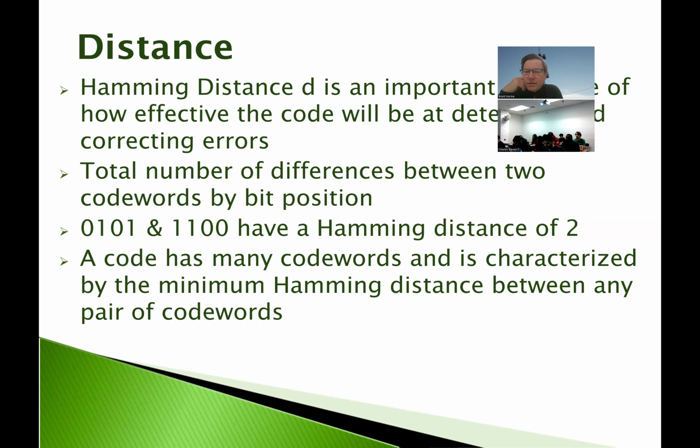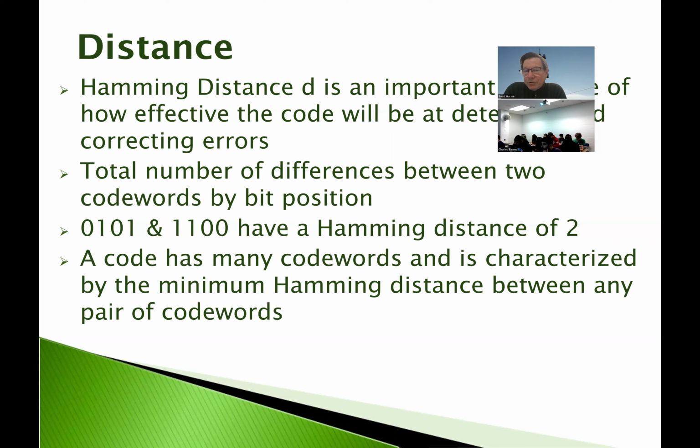I'll relay the question. For the error control coding, how do you determine what extra bits are added? Well, there's a whole family of different codes that you can choose from, and each of those codes uses a different set of equations to generate these redundant bits.